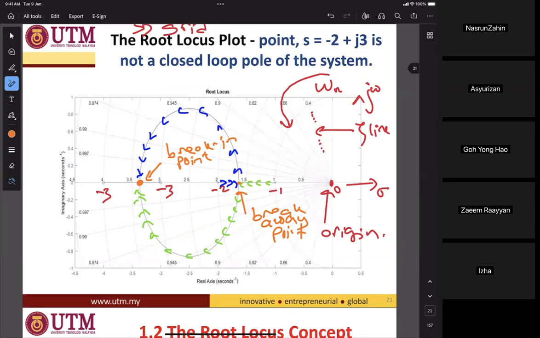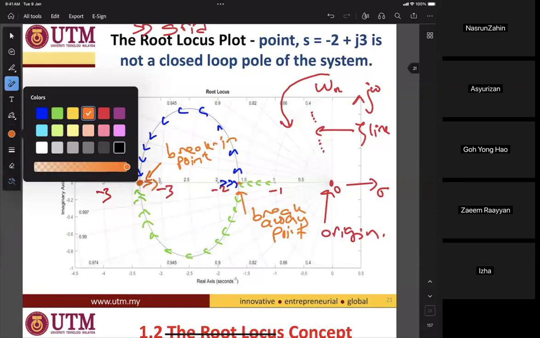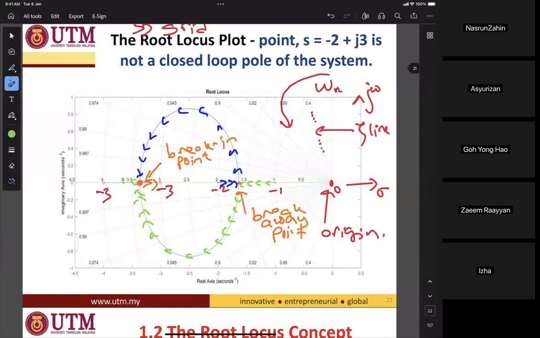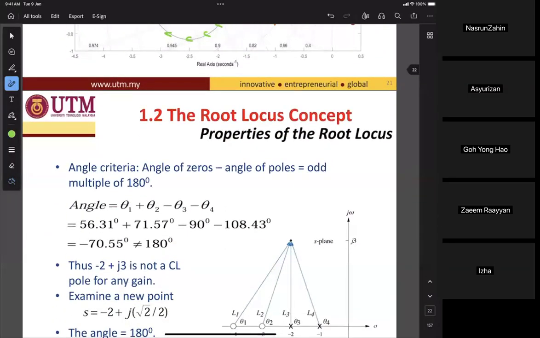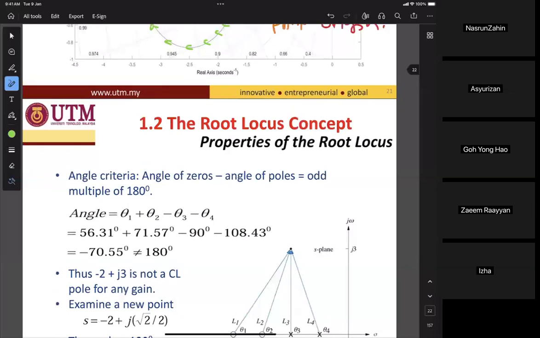Okay, look at the arrow. This one will end at 0, and the green one will end at minus 4. So we check whether minus 2 plus J3 is a closed loop pole or not.